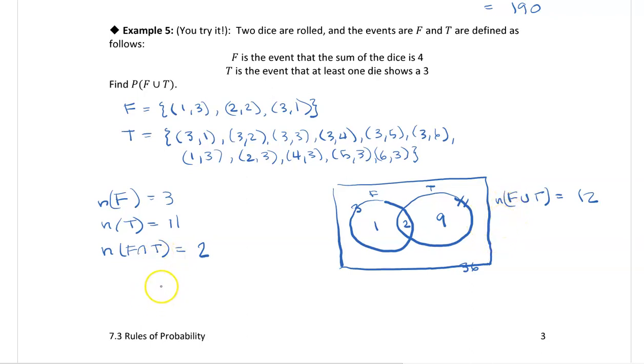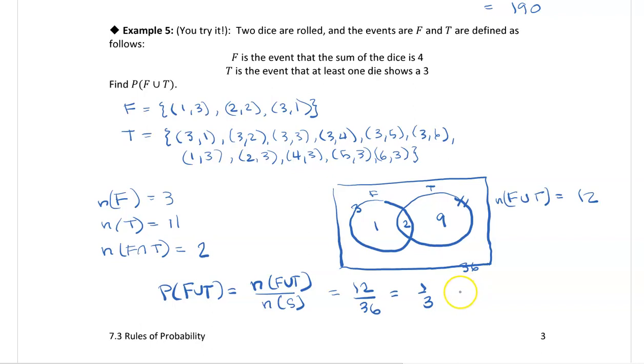The probability of F union T is equal to the number in F union T over the number of outcomes, S. So we have 12 out of 36, which is a 1/3 probability. 12 is the number in the union, 36 is the total number of outcomes.